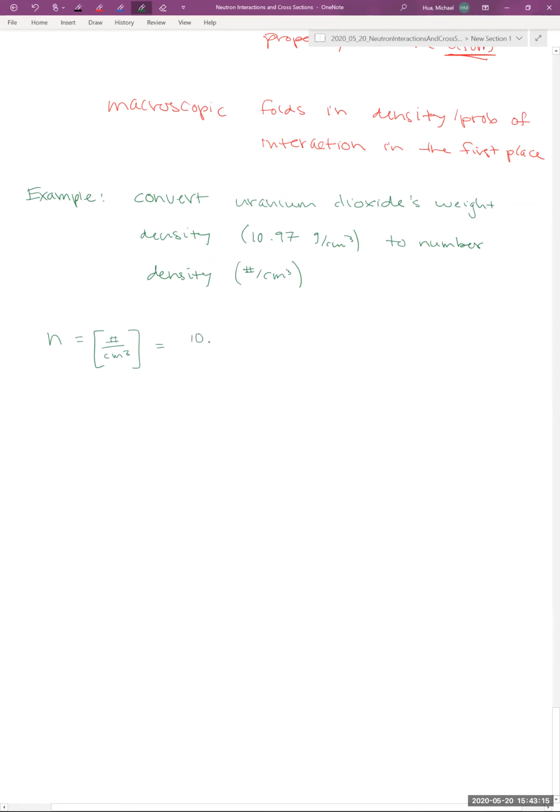So we're going to take the 10.97 grams per centimeter cubed. We're going to multiply it by a conversion factor, which is in a single mole, you will have 270.03 grams of uranium dioxide. The way I got that is the molar mass of uranium dioxide is equal to the mass of uranium, which is about 238, plus 2 times the mass of oxygen, which is about 16.